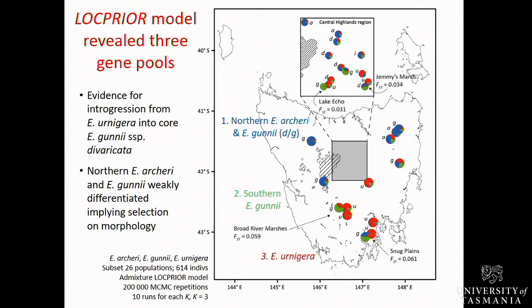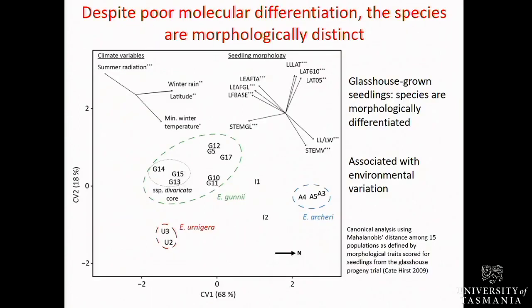And so also here though, we were unable to pull apart Archeri and Gunnii in the north, so they're still weakly differentiated even though they've got morphological differences. So this does imply there's selection on the morphology. And when we grow these populations in the glasshouse, these species are indeed distinct.